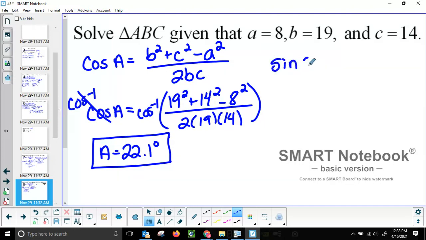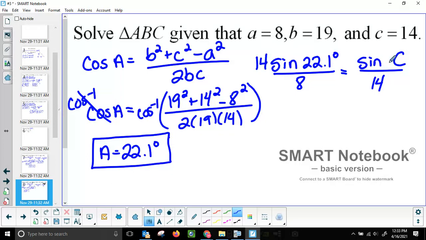So sine of 22.1 degrees over 8 is equal to sine of angle C over 14. So of course I multiply both sides by 14, and then I will take the inverse sine of both sides to get C by itself here.